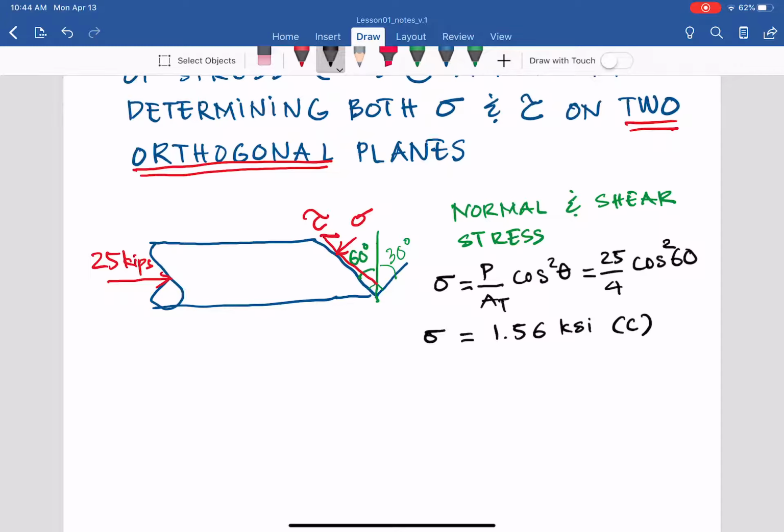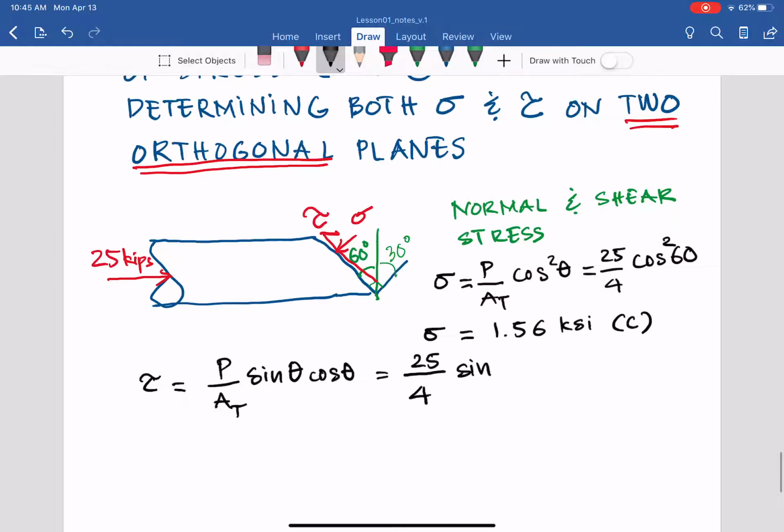Similarly, we can find tau equal to P over the transverse area A_T, times sine theta cosine theta, and we plug in theta equal to 60 degrees. So we have 25 kips for P, A_T equal to 4 inches squared, then sine 60 degrees, cosine 60 degrees.